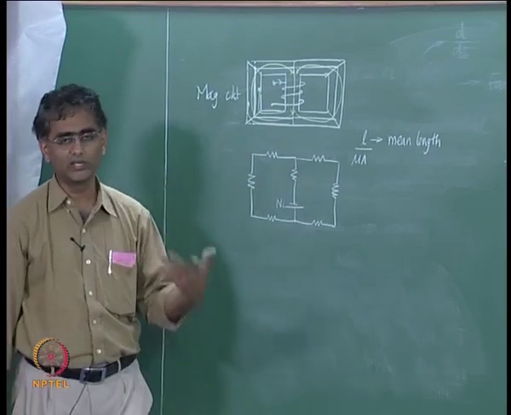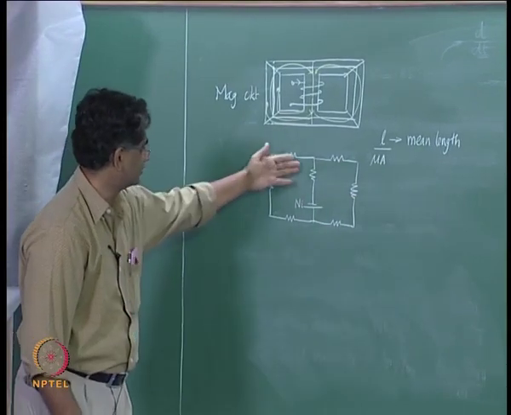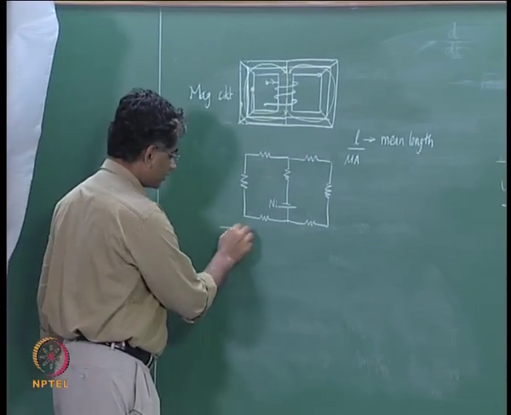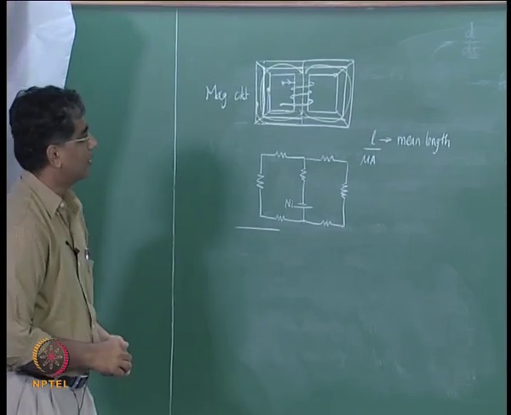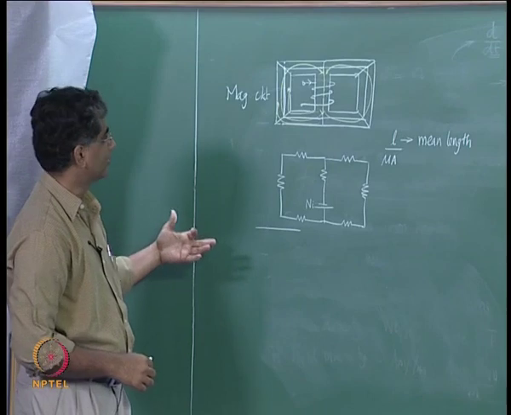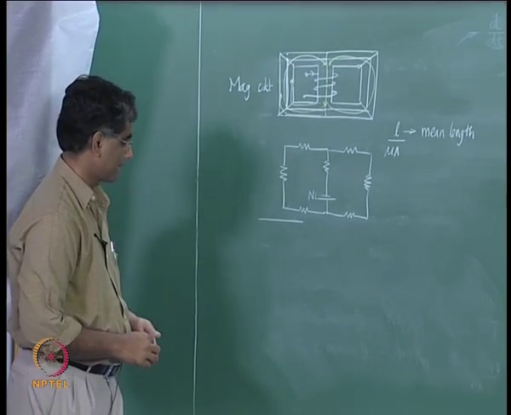So one can do a very simple network analysis to solve this and find out how much flux is going through each one, right. So in this manner one can now understand how much flux density is there in various parts and all these things.